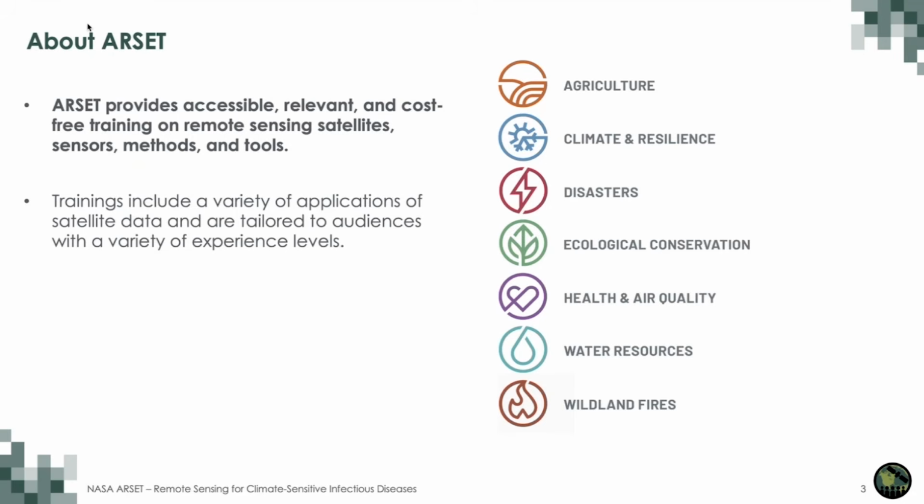Trainings include a variety of applications of satellite data and are tailored to audiences with a variety of experience levels. Some areas of application in these trainings are in agriculture, climate resilience, disasters, ecological conservation, health and air quality, water resources, and wildfires. This training fits within the bucket of health and air quality.